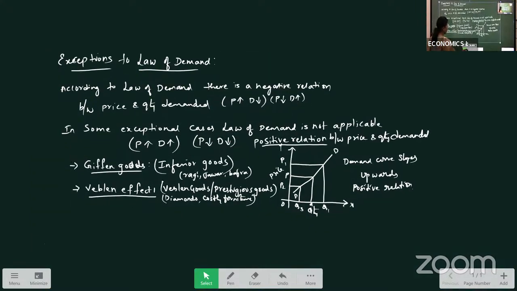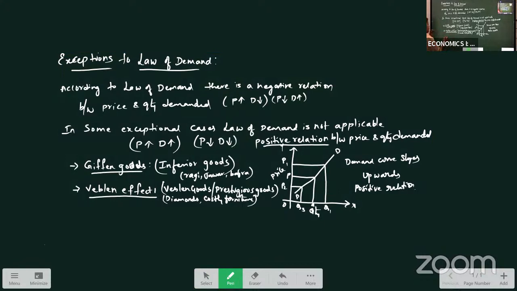Okay. Then the next exceptional case is speculation. What is speculation? Speculation means passing on information about the commodities that in future the prices may still increase.